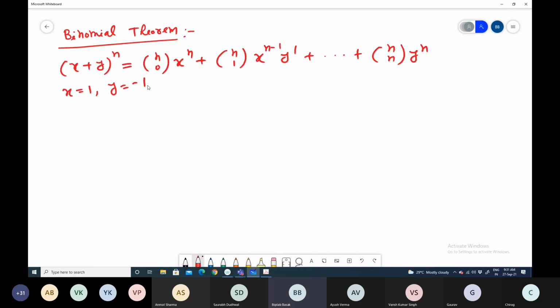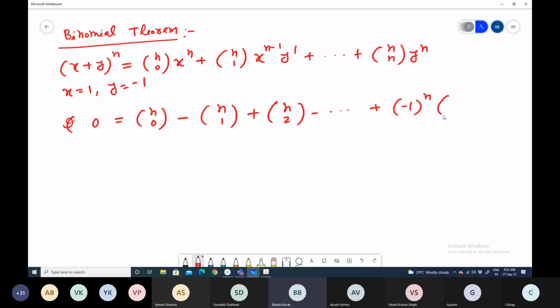then you will see that the left side will be 0 and the right side will be n choose 0 minus n choose 1, and so on. This is just the alternating sum, and the last term will be (minus 1)^n n choose n.